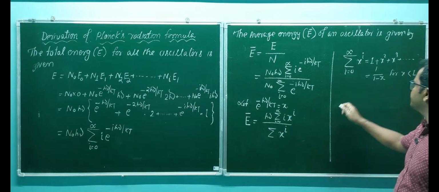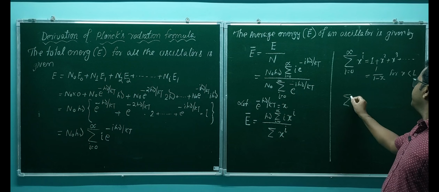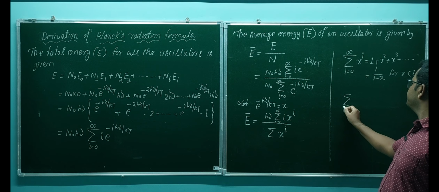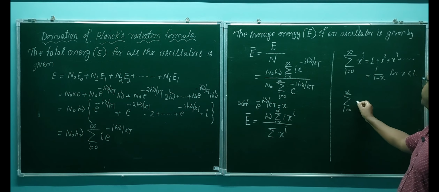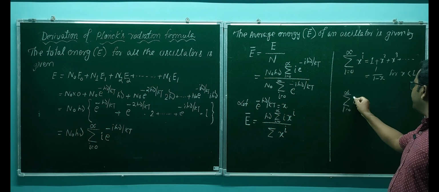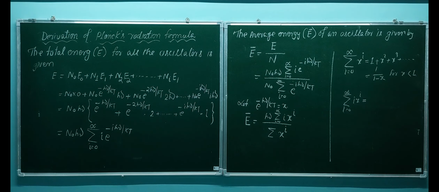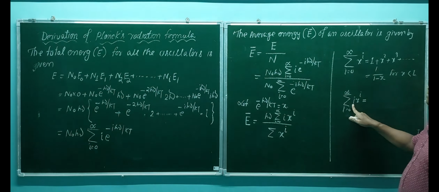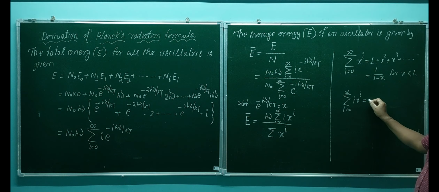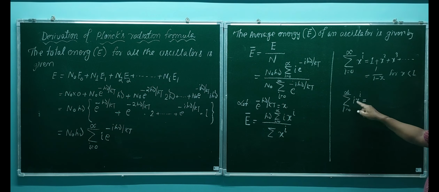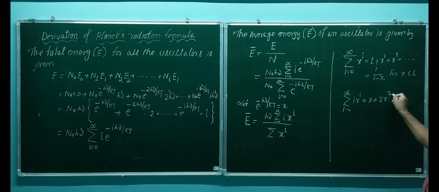And for the other equation, summation i equal to 0 to infinity i into x to the power i, if you put the value 0 it becomes 0, then 1 x to the 1, that is x, plus 2 x square plus 3 x cube.